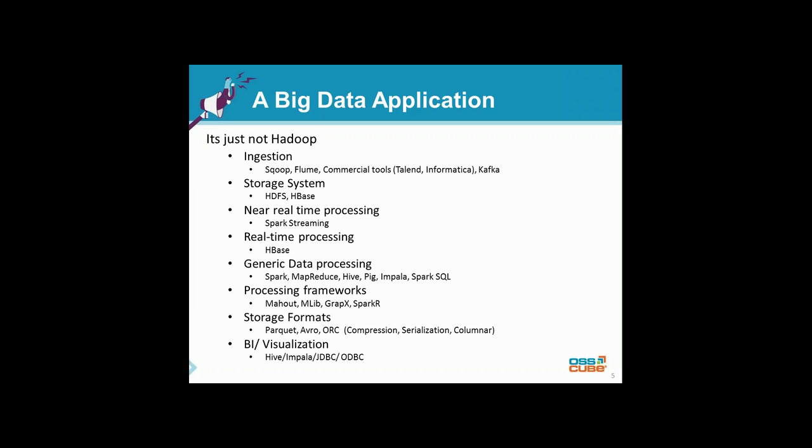Similarly on Spark, we have MLlib, the machine learning library, and GraphX for processing graph-oriented data. And SparkR is basically a statistical processing language, now integrated with Spark so that you can develop analytical, statistical processing programs using SparkR. That is another option for processing your data.